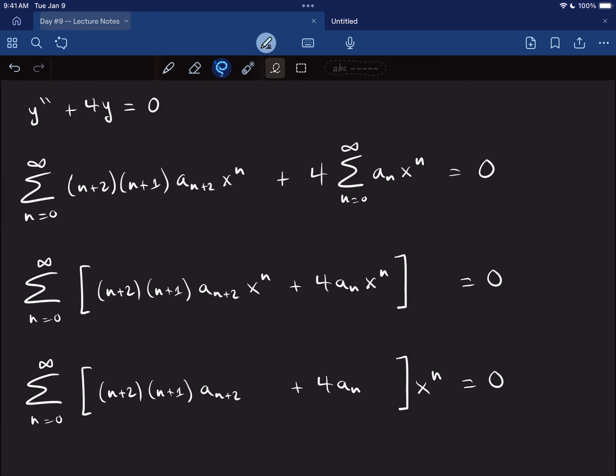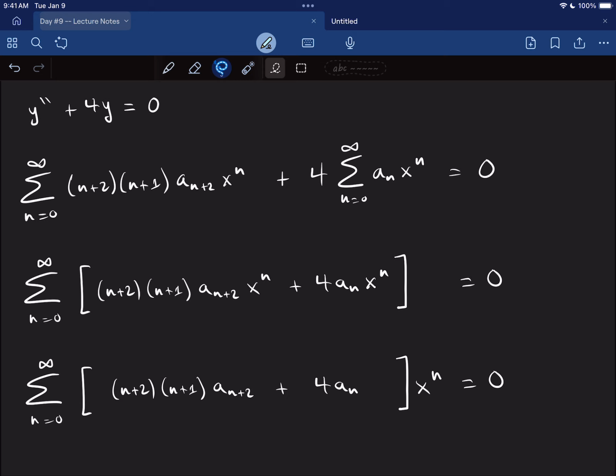So we have that. This is wonderful. We've got a nice, clean equation here in the brackets. We have a power series where that entire power series is equal to 0. If that power series is equal to 0, every single coefficient, every single term of that power series must be 0.